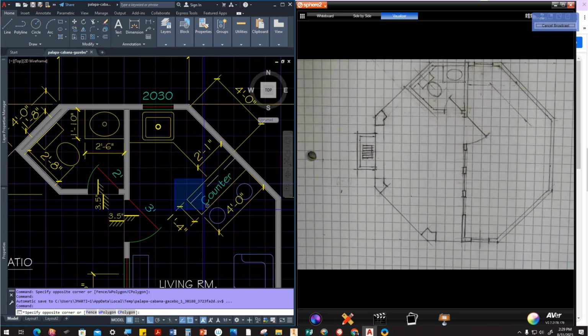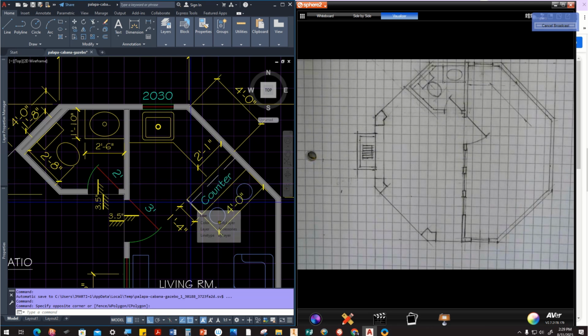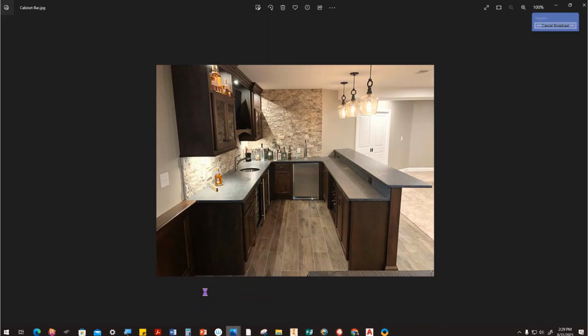Now we have a situation here. The cabinet ends here, and then you have this counter next to the cabinet, and these hidden or dashed lines. Can you see that? What does that represent? Let me show you. The cabinet is below and the counter is above, like this picture. You have the cabinet, the countertop, the backsplash, and then half a wall that doesn't go all the way up.